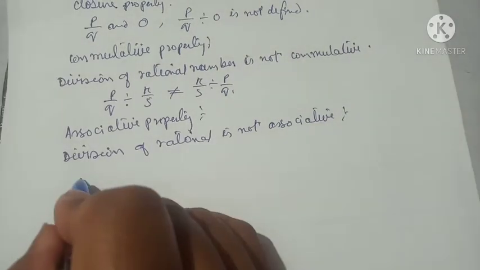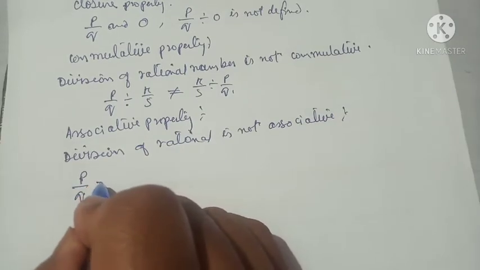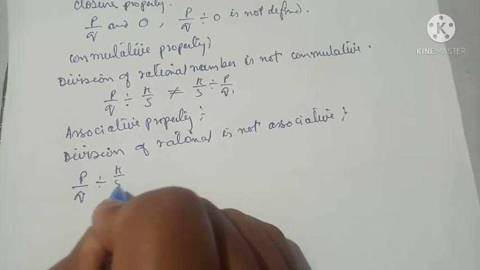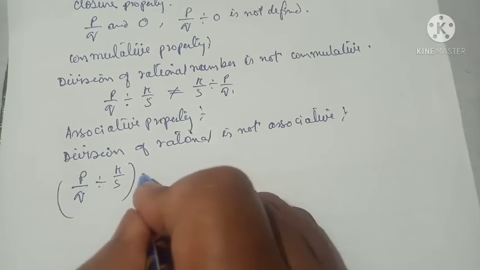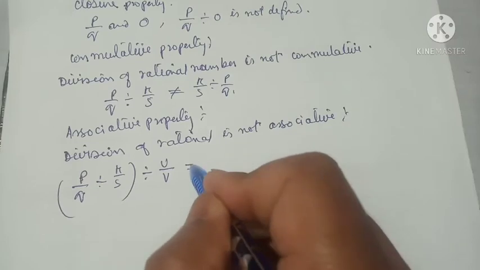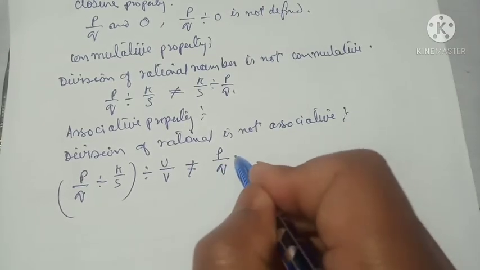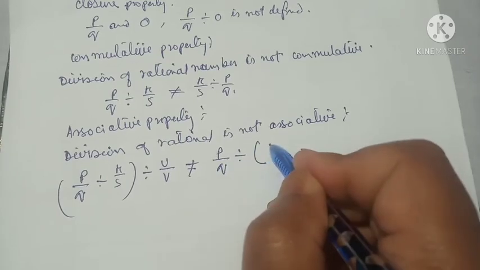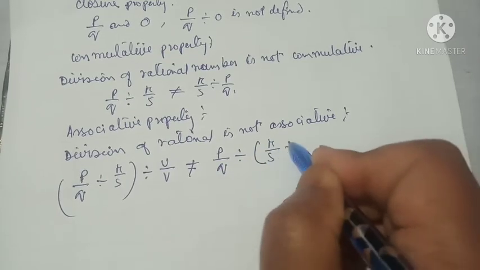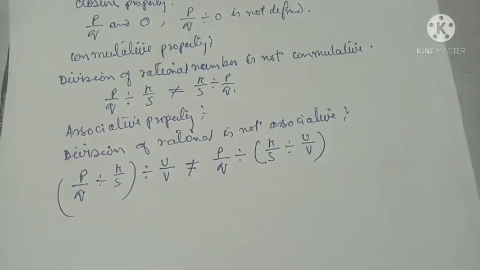See, p by q divided by r by s divided by u by v is not equal to p by q divided by the bracket r by s divided by u by v. It is not under associative properties.